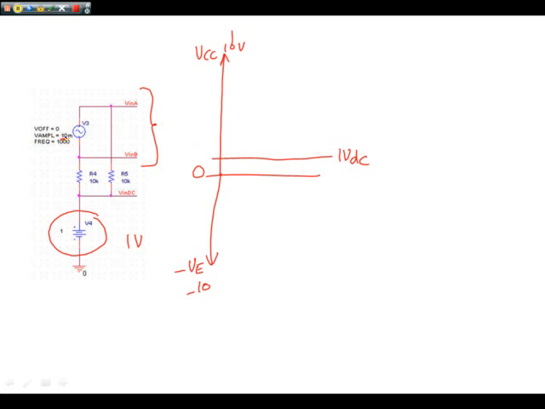We then have an AC source, which is very low magnitude, so not to scale. We have a sine wave coming in at that point to our differential. We're going to have our antiphase sinusoid signal as well.